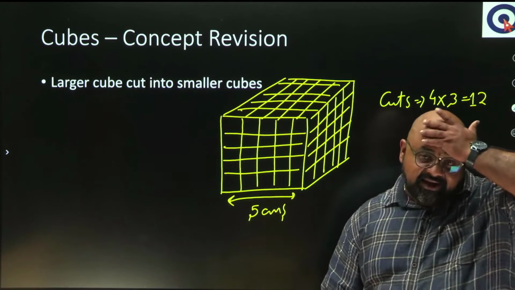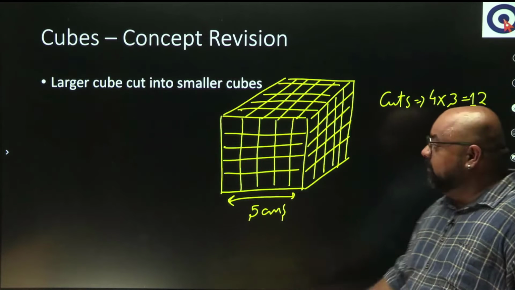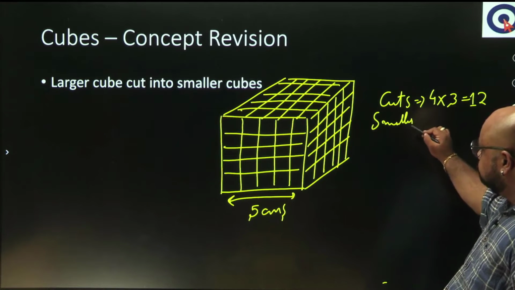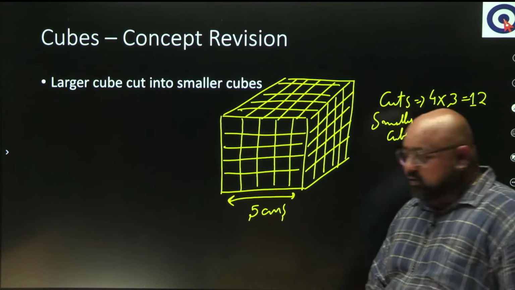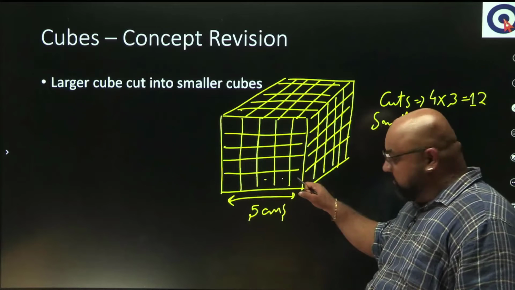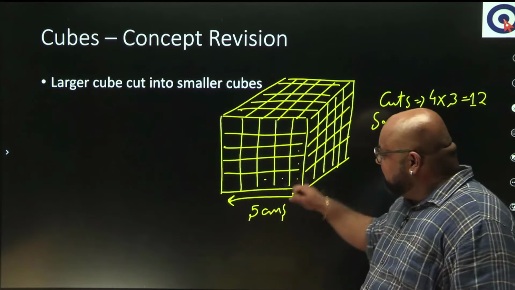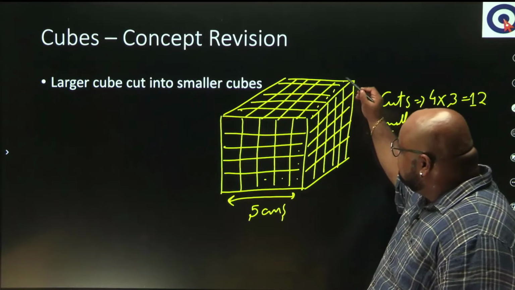The next question is, how many smaller cubes will be formed? As you can count, 1, 2, 3, 4, 5. So this grid has 5 into 5, 25 smaller cubes, and there are 5 such grids.